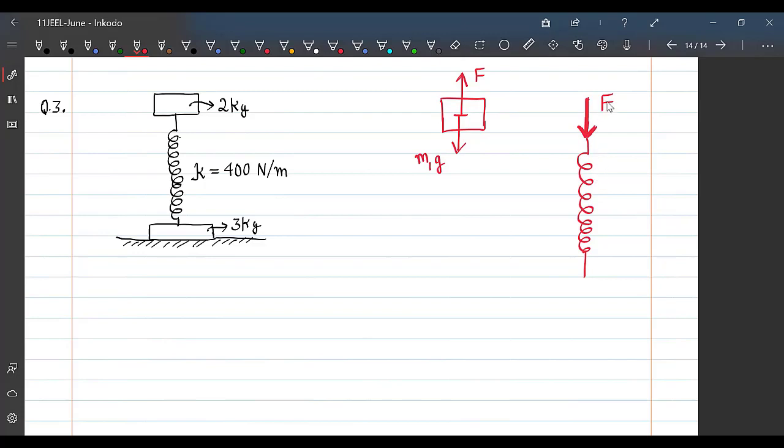ठीक है. और इसको balance करने के लिए of course 3 kg वाले ब्लॉक को स्प्रिंग पे फोर्स लगाना पड़ेगा ऊपर की direction. So नीचे वाला ब्लॉक जो है स्प्रिंग पे फोर्स लगाएगा ऊपर के direction पे. Let me call this as F1. So नीचे वाले ब्लॉक का FBD बनाएंगे. So 3 kg वाला ब्लॉक, let me call it M2. So दो जगह contact है, एक ऊपर एक नीचे, और mg नीचे लगेगा.